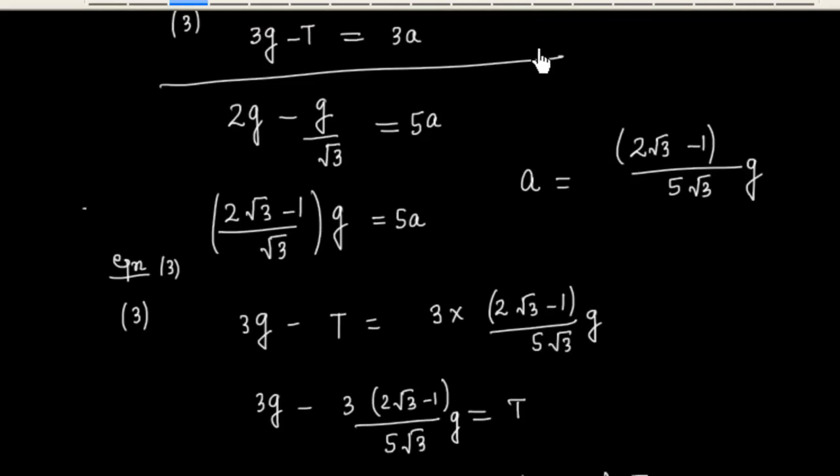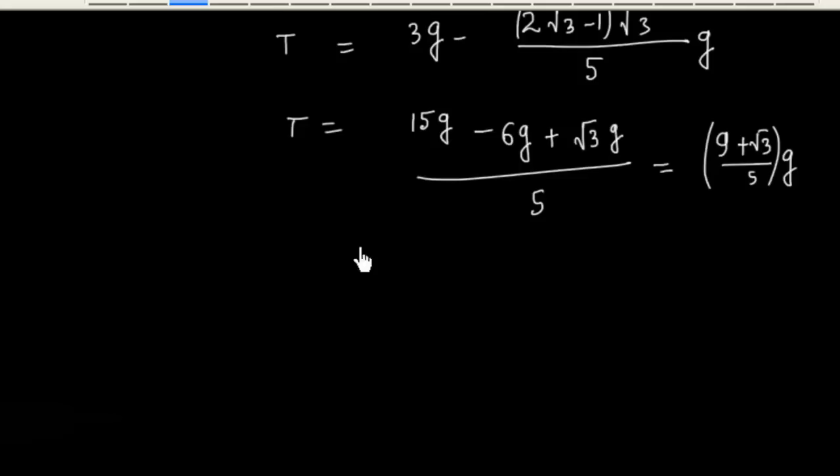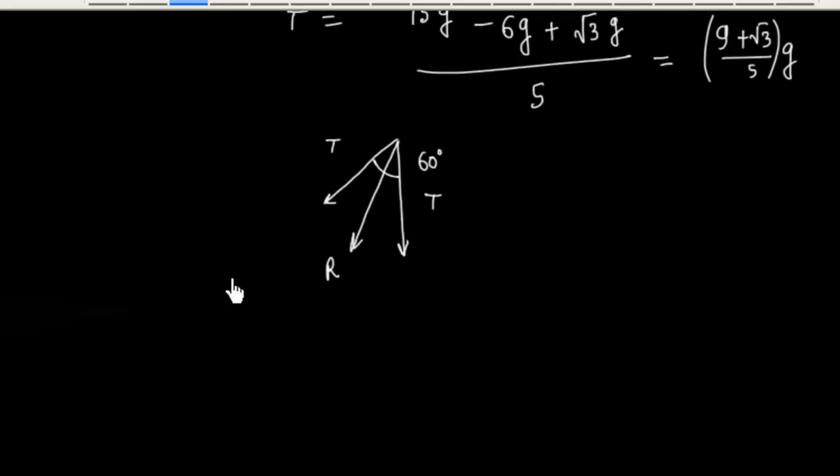So basically what is happening here, so we have two forces, one force tension is acting in this direction, another force tension is acting in this direction, and this angle is 60 degree. So this angle is theta is equals to 60 degree. So resultant will bisect. So this is the resultant. And what is the magnitude of resultant? So magnitude of resultant is, if you remember, force F1 square plus F2 square plus 2F1 F2 cos theta.